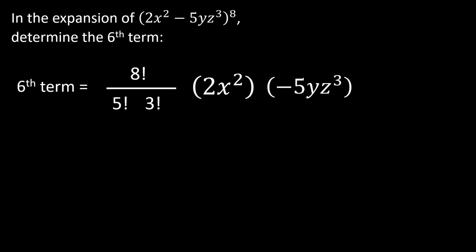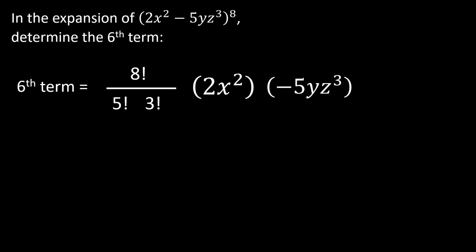But our solution is not yet complete. The exponent of 2x squared and the exponent of negative 5yz cubed are still missing. What do you think are their exponents? If you take a look at the denominator of 8 factorial, we have 5 factorial and 3 factorial in sequence.